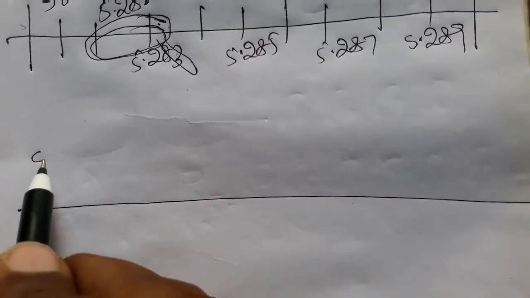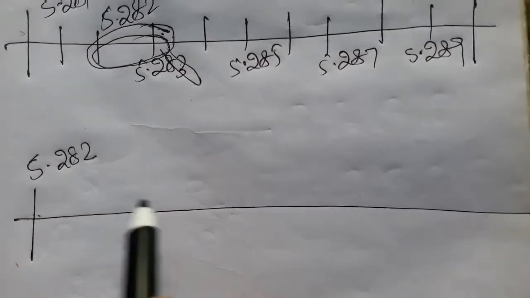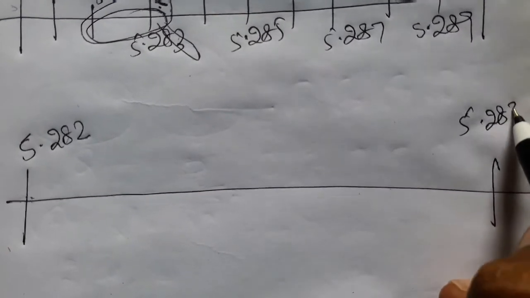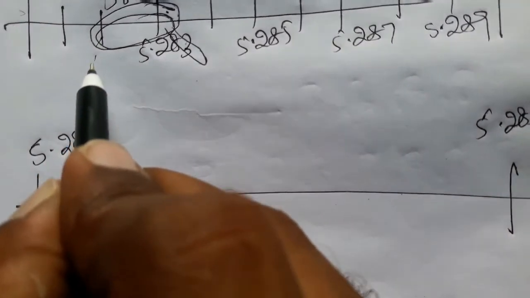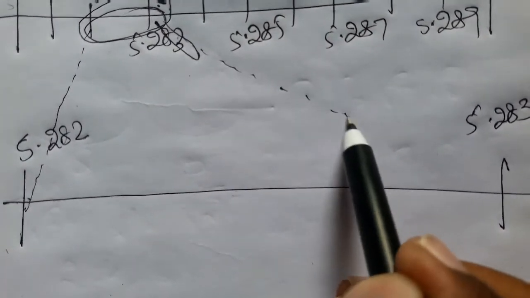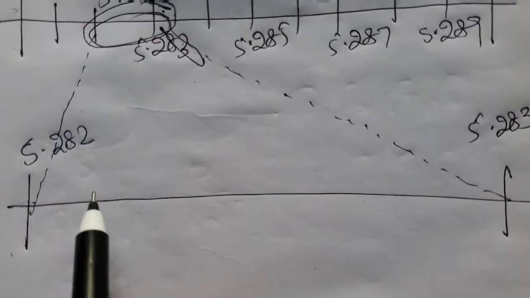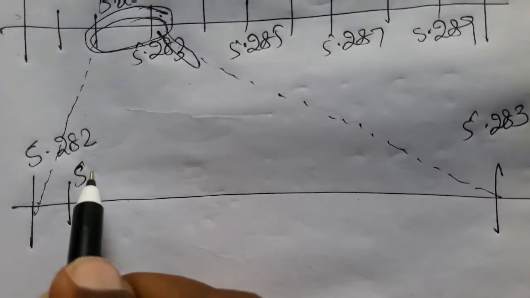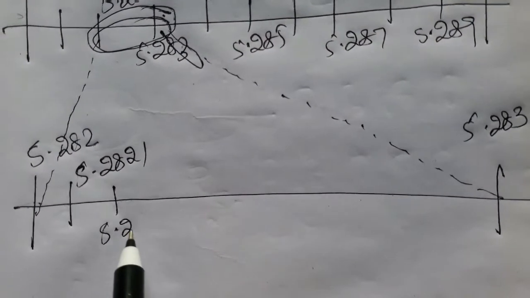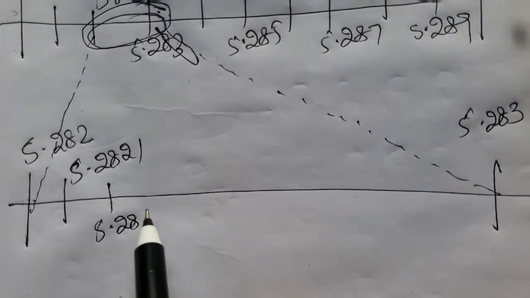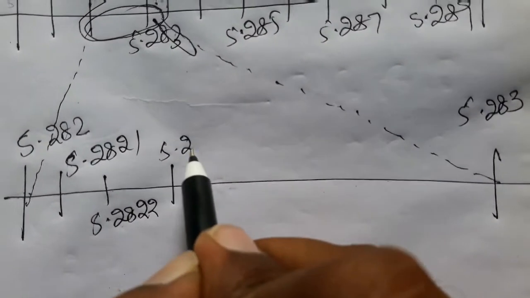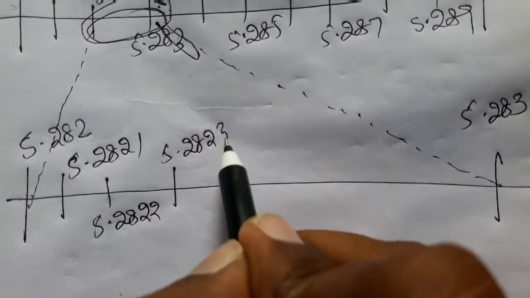Initial number is what? 5.282, and final number is what? 5.283. This 5.282 is this, and 5.283 is here. Now this number is 5.2821. Here is 5.2822, isn't it? This third one 5.2823.